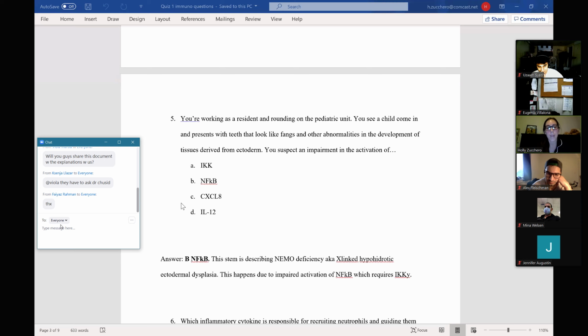It's an impairment in the activation of NFKB, but IKK gamma is what activates this. So you are lacking IKK gamma, but that leads to impairment in the activation of this, and that is describing Nemo deficiency. This is also called X-linked hypohidrotic ectodermal dysplasia.